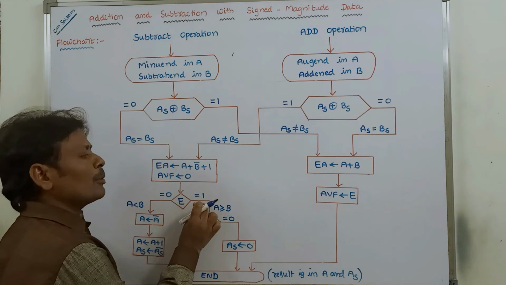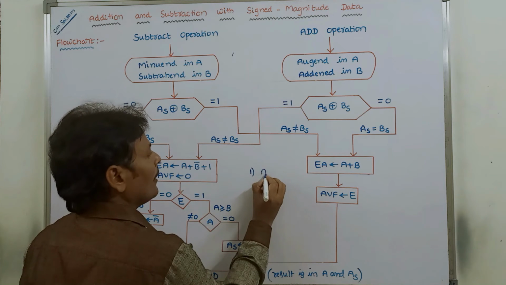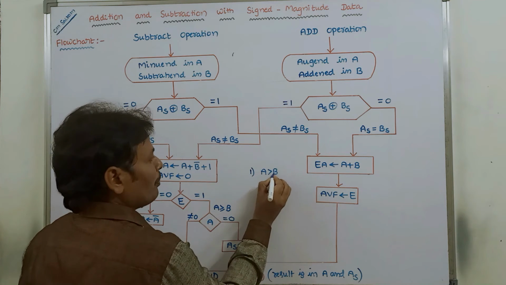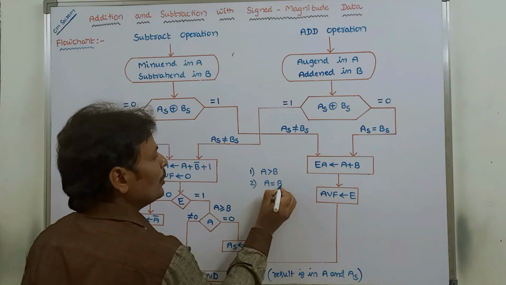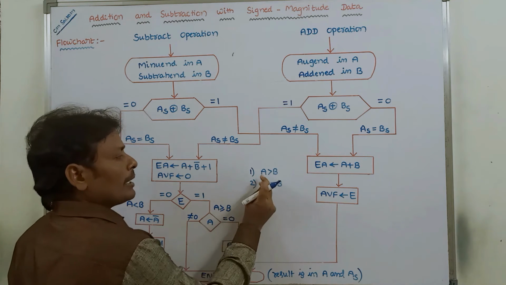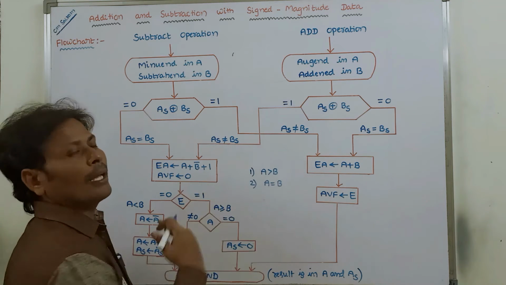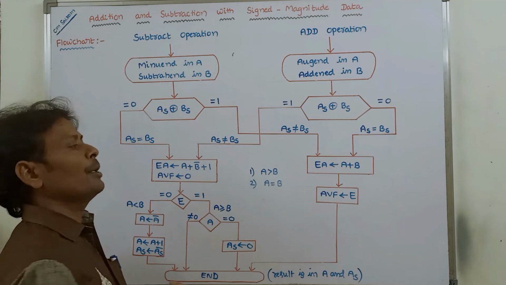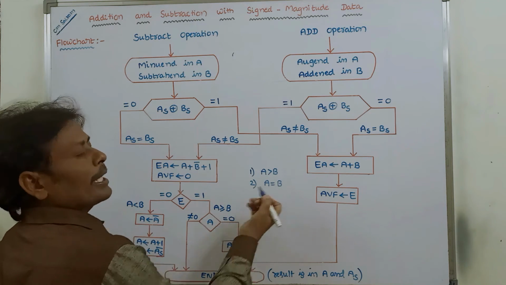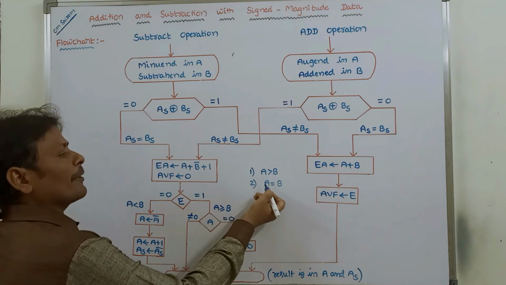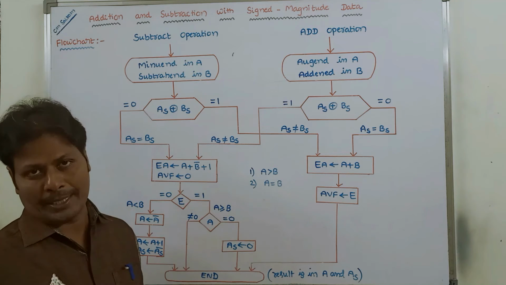When E value is equal to 1, we check two conditions: A greater than B, and A equal to B. Whenever A is greater than B, we get a positive result. When A is equal to B, we get a 0 result.